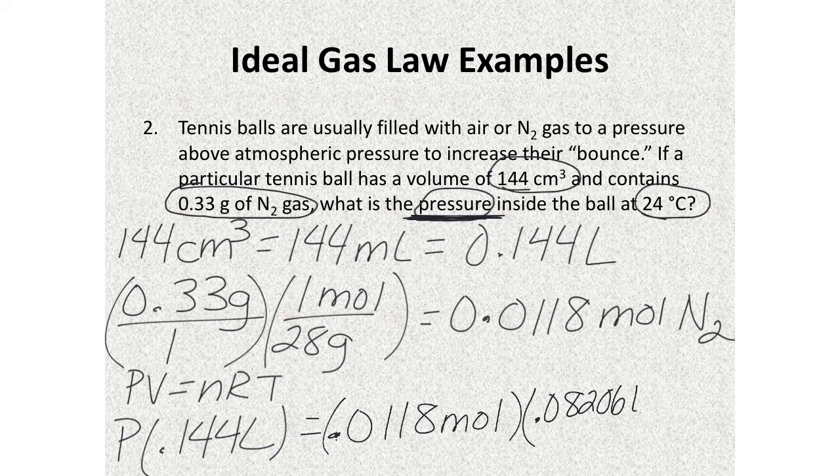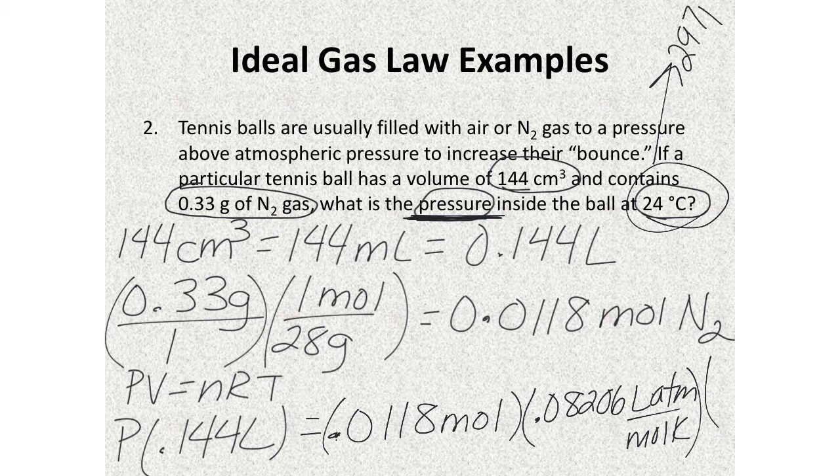And I'm going to squeeze my units in over here. And then lastly, we got to multiply by our Kelvin temperature, 24 degrees Celsius. If we convert that to Kelvin, that would be 297.